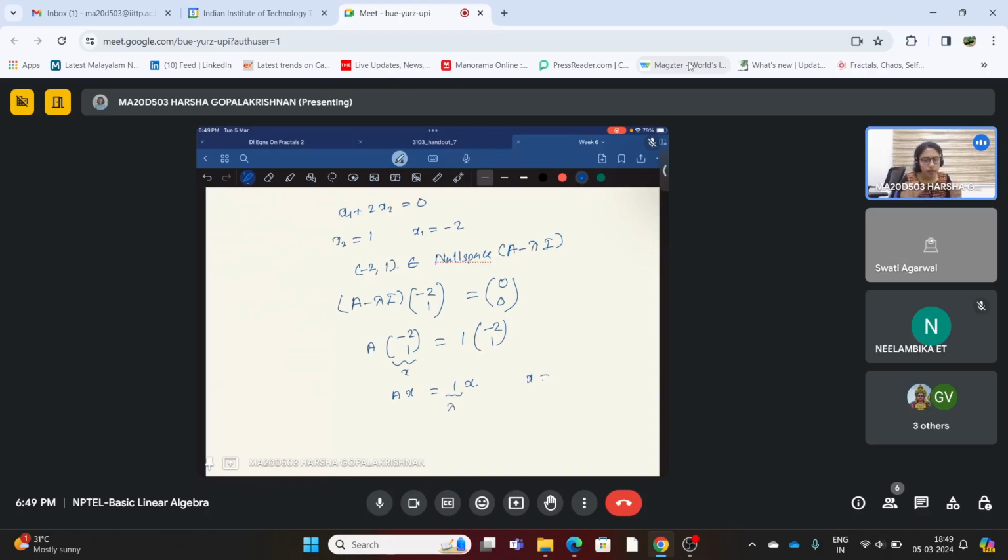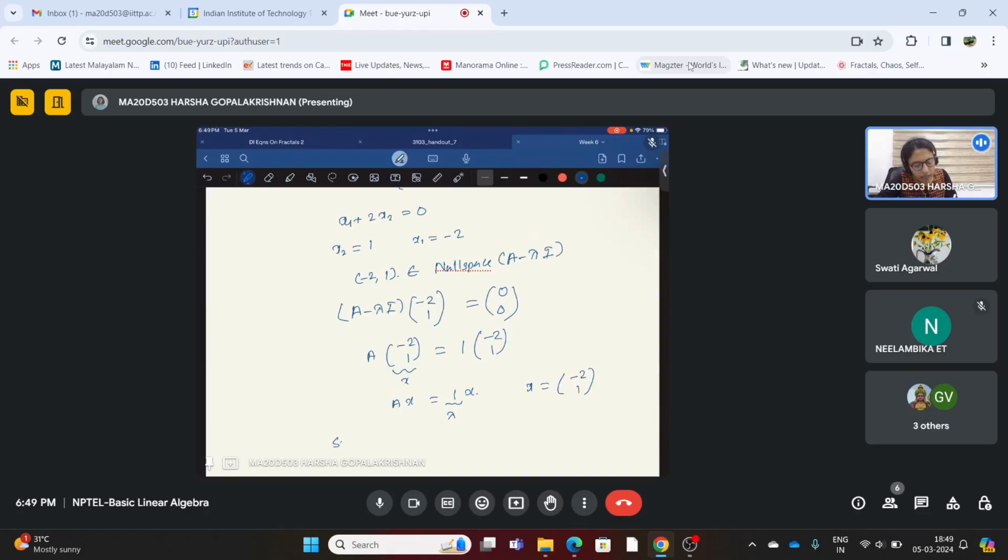In this way we can say (minus 2, 1) is an eigenvector corresponding to 1, and also the span of (minus 2, 1) is the null space of A minus I. This is exactly the same as the lambda equal to 4 case.